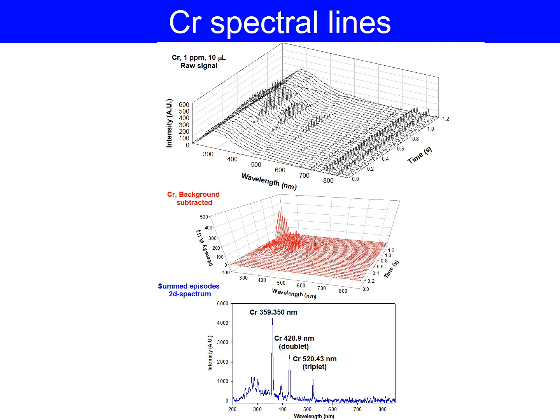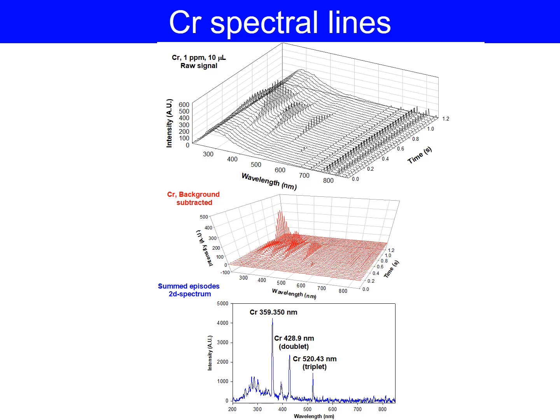And then, if we add all the spectra, or the spectral episodes that contain chromium signals, this is what we see. So this will be intensity versus wavelength. We have a bit of overlap here, but we have really nice separation for the spectral lines, and these would be the spectral lines.